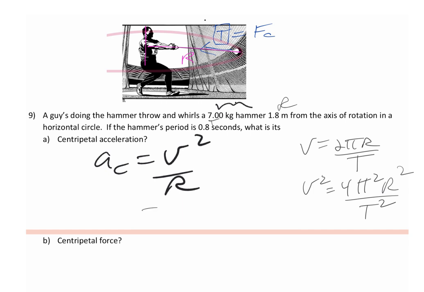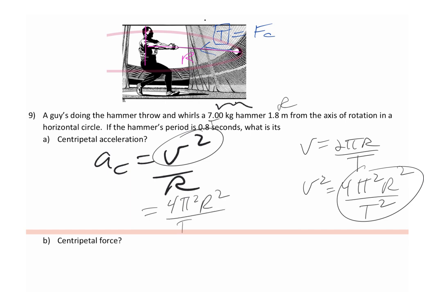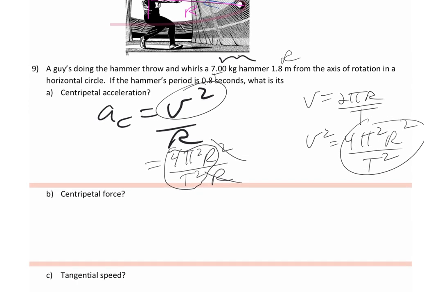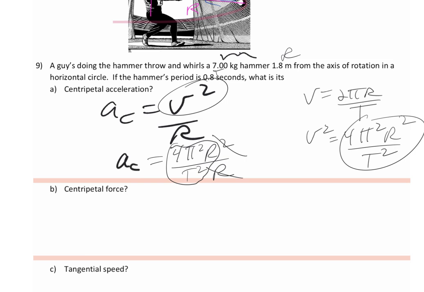I'll substitute this in for this. One of the R's will cancel out like we did before. 4 pi squared R squared over T squared over R, and so we're left with this right here. Plug in your values and you'll have it, in meters per second squared. Centrifugal force, I would take my answer there and multiply by the mass. So this would be 7 times the answer for number 9.